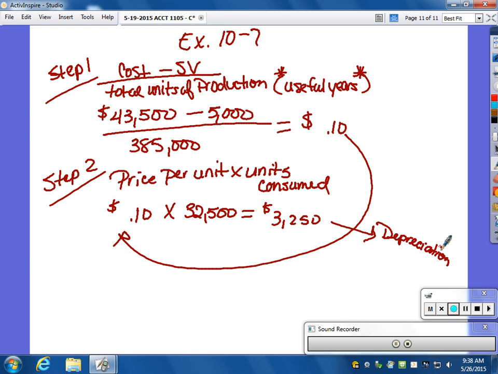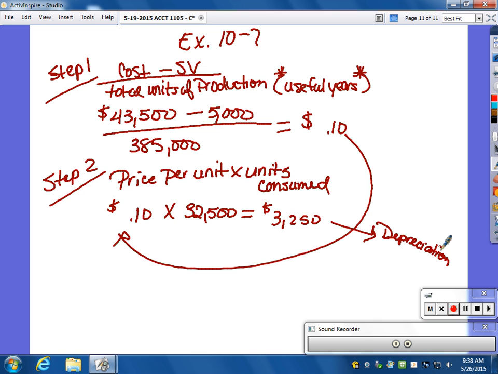Okay, the next exercise is 10-8, which also uses the information from 10-6. It says determine the machine's second year depreciation using the double declining balance method. You're on 10-8, right?